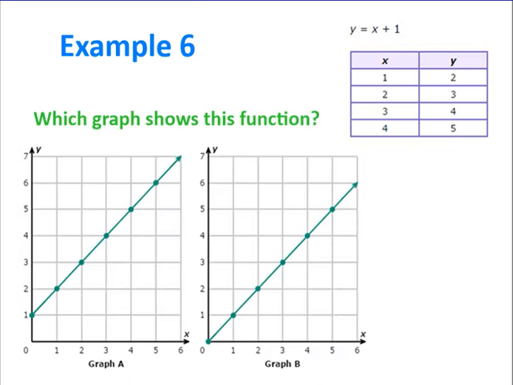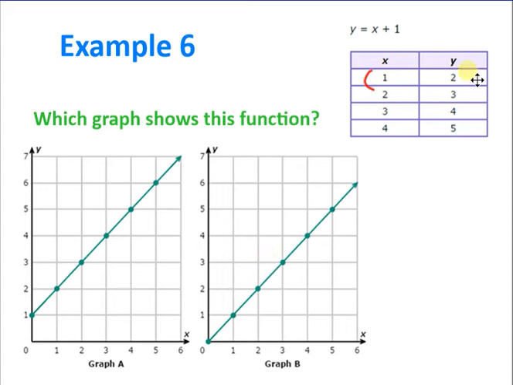All right, so example number 6, which graph shows this function? All right, so here we have an equation y equals x plus 1, and what we've done is we've made an x and y chart. So what you're going to do is compare these coordinates 1, 2, 2, 3, 3, 4, 4, 5 and figure out which one matches the graph.